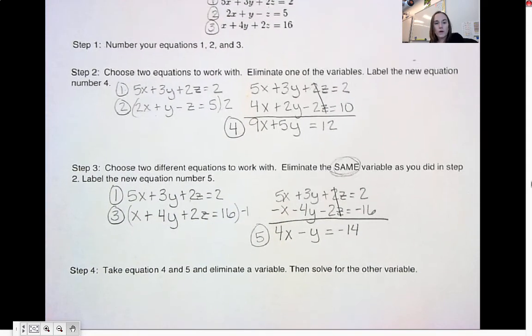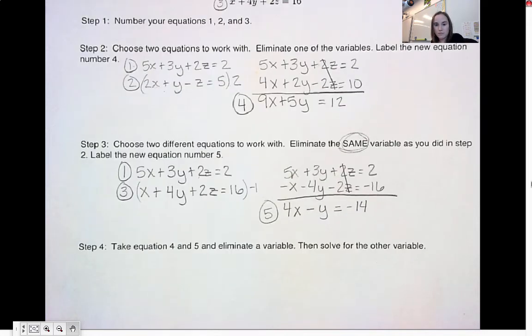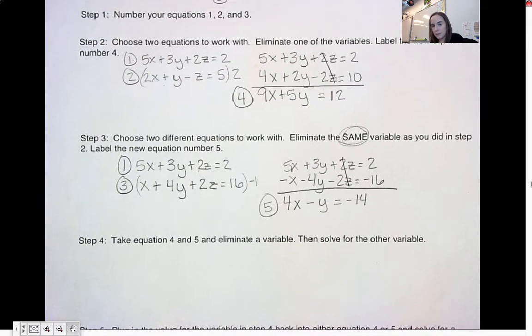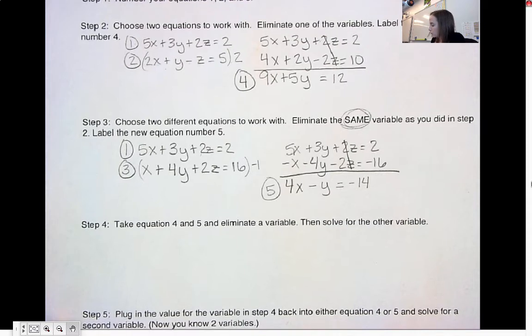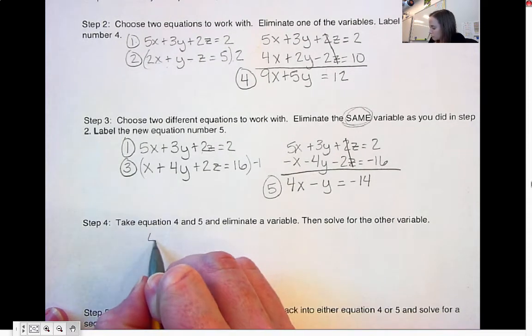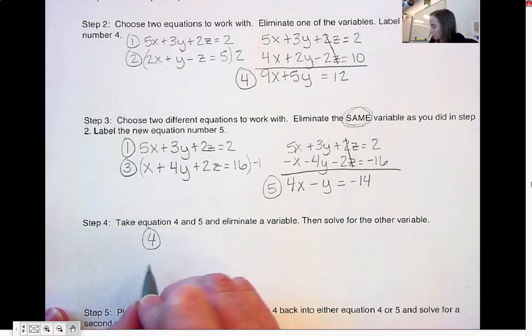Now, take equation number 4 and equation number 5 and again eliminate a variable. We're trying to get it down so we only have one variable that we solve for.